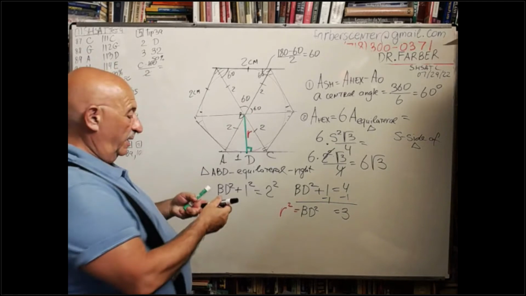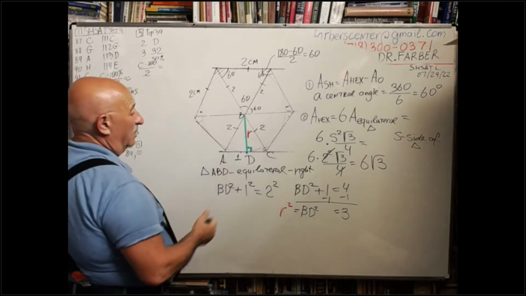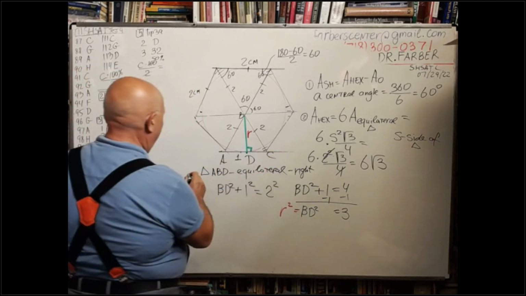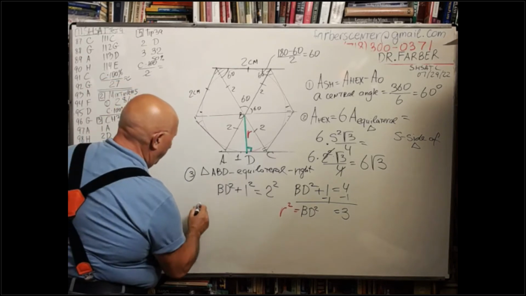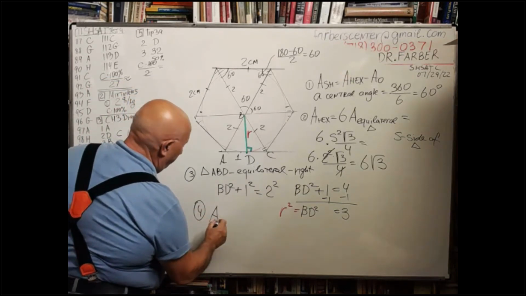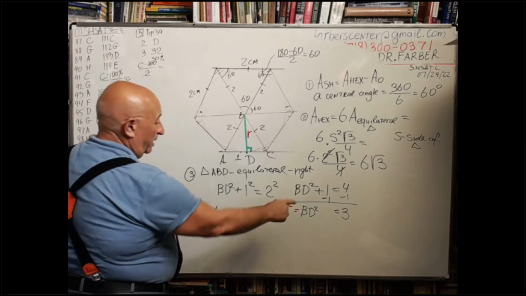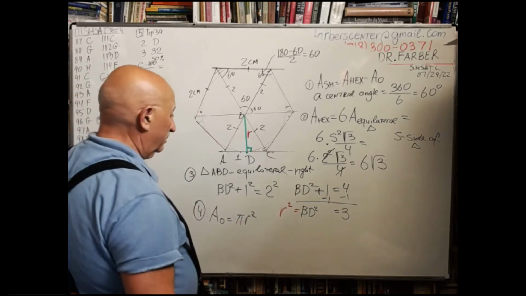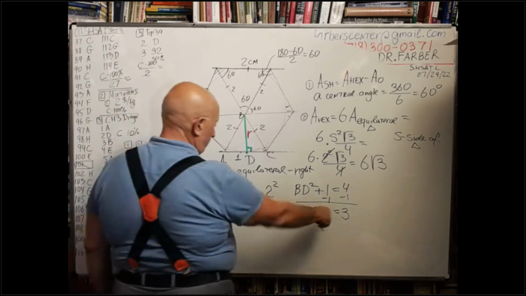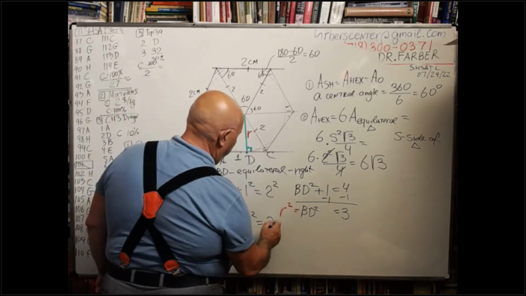How to find the area of the circle? This is step number 2, this step number 3, step number 4. Area of circle equals pi r squared. But since r squared equals 3, equals 3 pi.